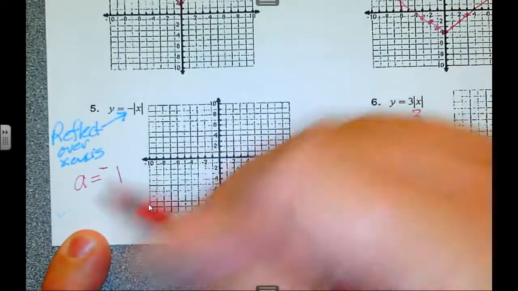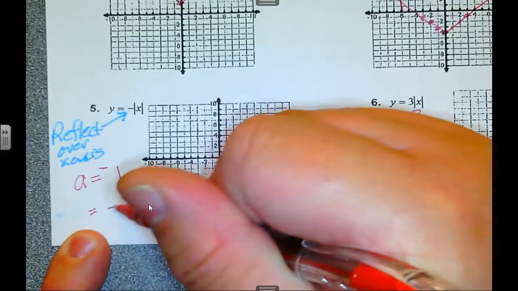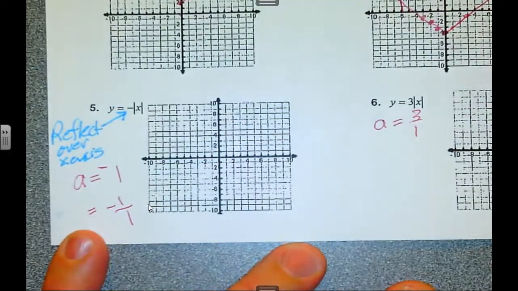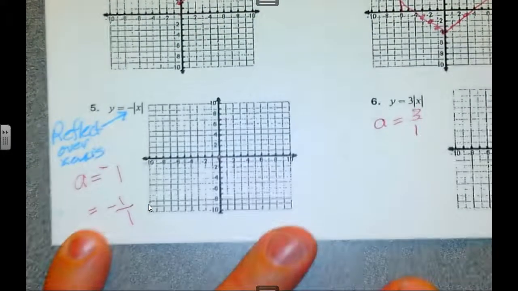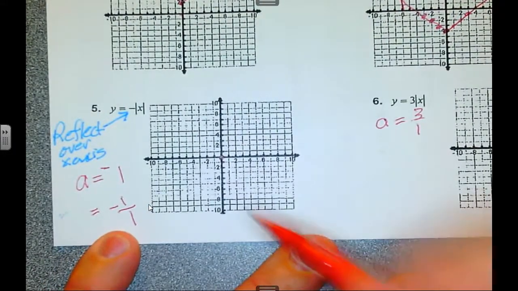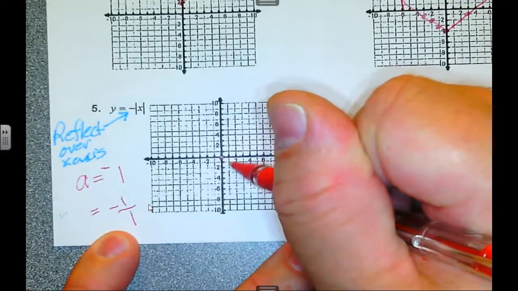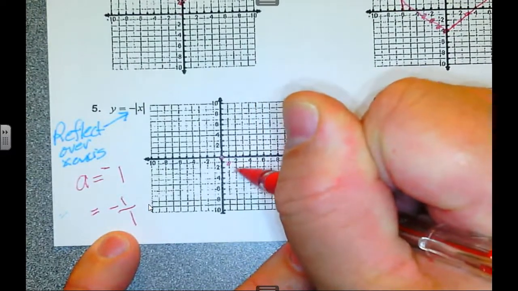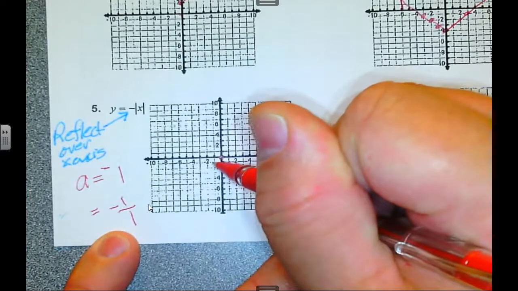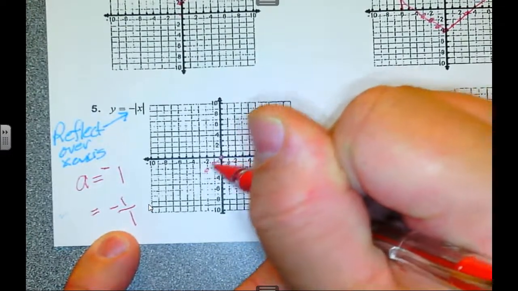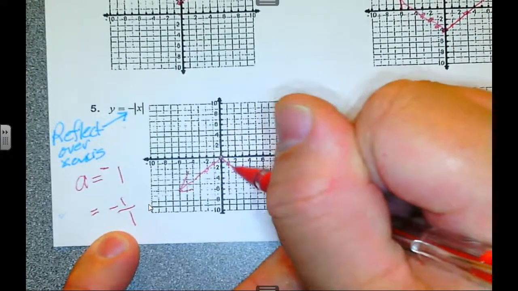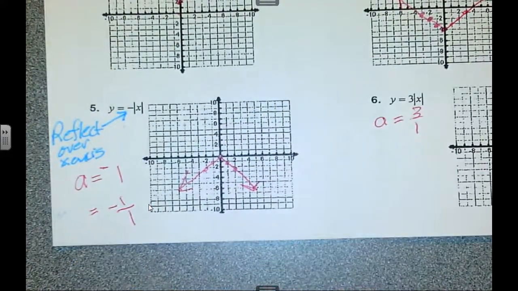So my slope is negative 1 over 1. You can think of it that way. My parent function's vertex is at 0, 0. This time I'm going to go down 1 to the right 1, down 1 to the right 1, down 1 to the left 1. And there's my reflection over the x-axis. Yeah, this is going to be a part on the quiz.